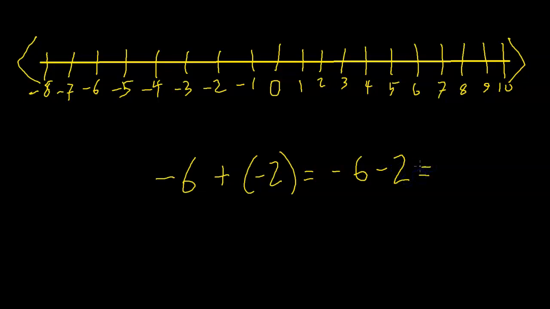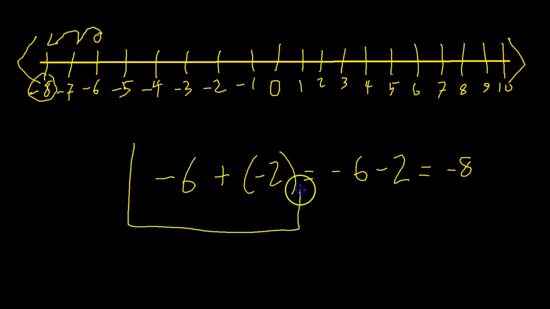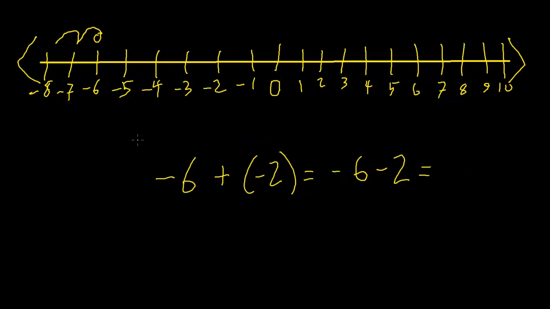So we're starting at negative 6, and we're going where? To the left or to the right? We're going to the left 2 spaces, right? So start at negative 6, count to the left 1 times, 2 times. Where do we end up? We end up at negative 8. So negative 6 minus 2 is negative 8, which is, of course, the exact same thing as what we started with, negative 6 plus negative 2.